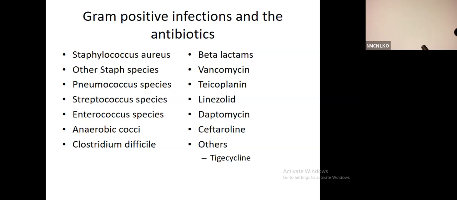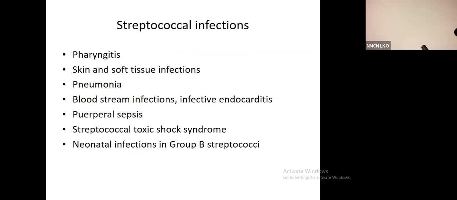And this drug is actually a very prospective one, but it has a problem: it doesn't have penetration in the lung. So it's not at all a good drug for pneumonia. Right? Skin and soft tissue.